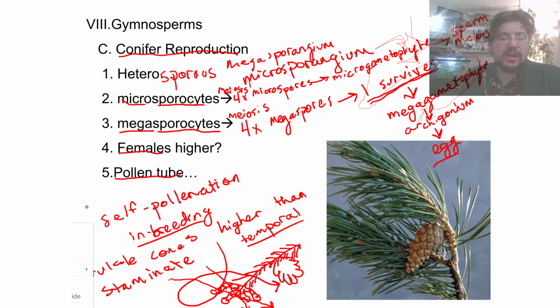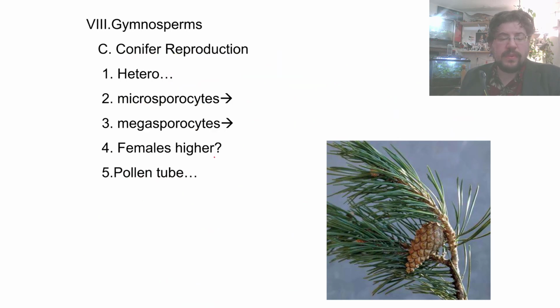So, the pollen tube is how we get the sperm nucleus to the actual egg. Right?